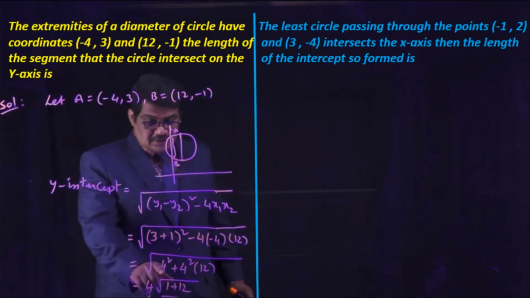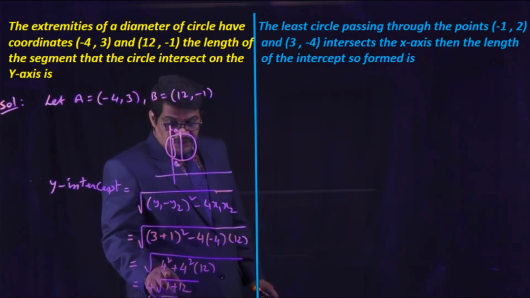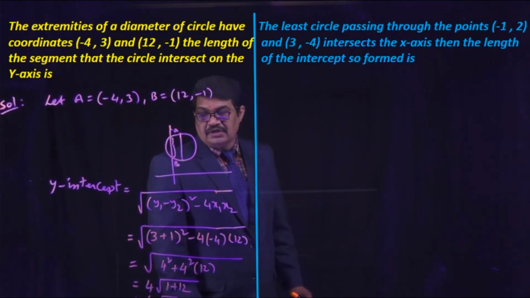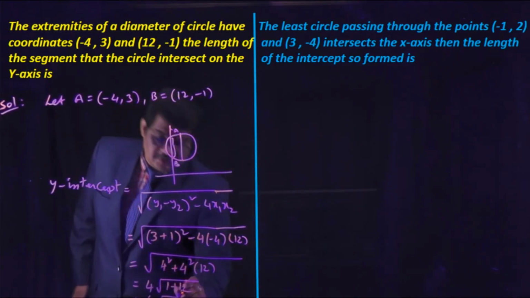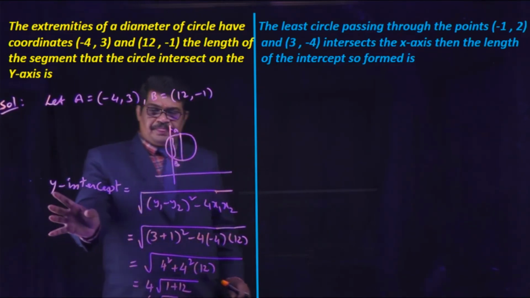So the y-intercept is 4 root 13 units. This is the y-intercept.